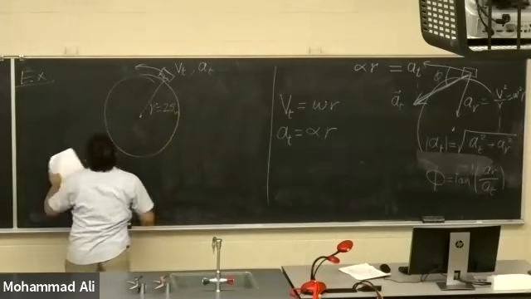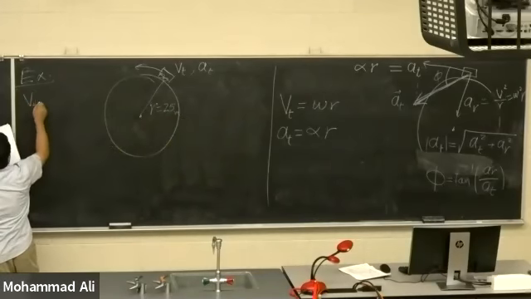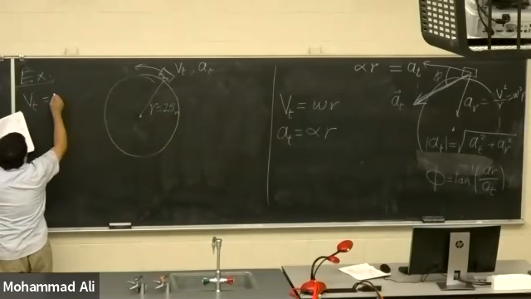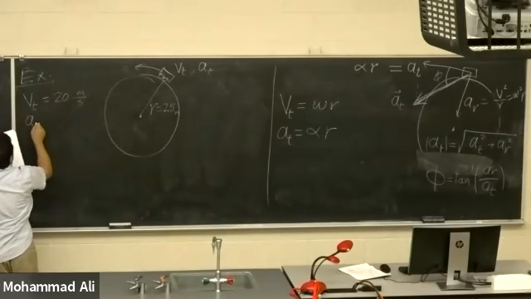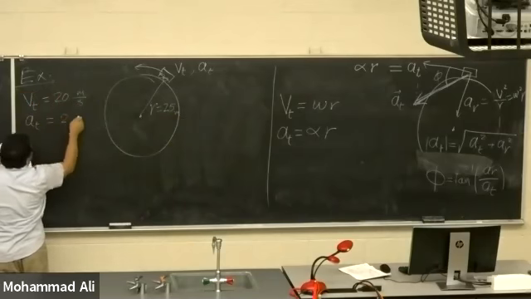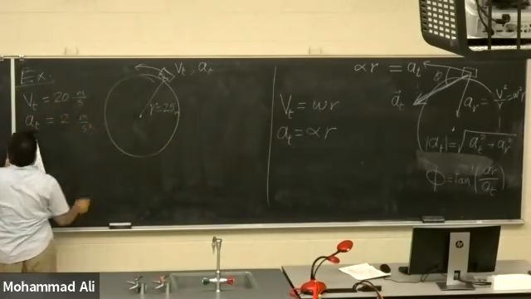V tangential at that moment is 20 meters per second, and the acceleration tangential is equal to 2 meters per square second.